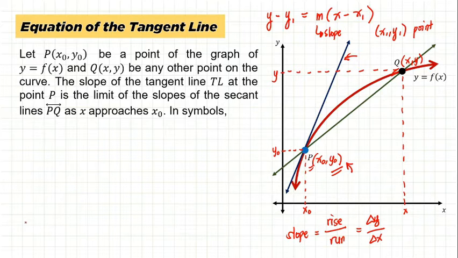So we will have the slope of the secant line. So let's denote that one as m sub SL. And that is equal to delta y over delta x. So delta y is the distance of the 2 points. So in this case, we have point y and y sub o. So the distance here is delta y. And to solve that one, we will just subtract the two values.